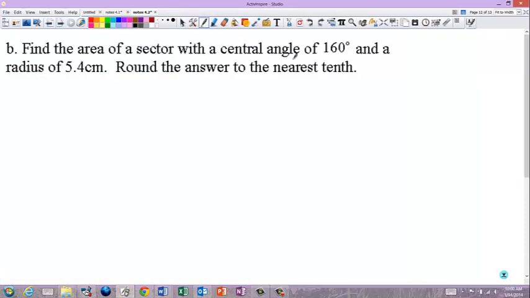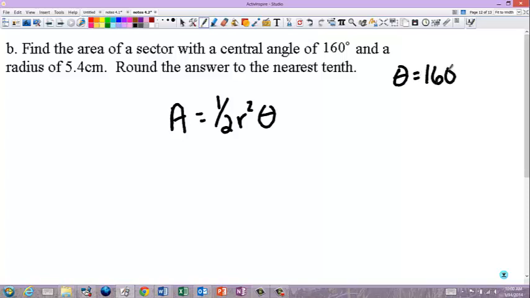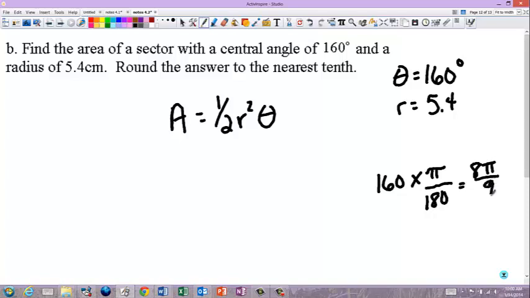And then it says find the area of a sector with a central angle of 160 degrees and a radius of 5.4. Now, my angle needs to be in radians. It is not right now, so I multiply by pi over 180, and that's 16 pi over 18, or 8 pi over 9.